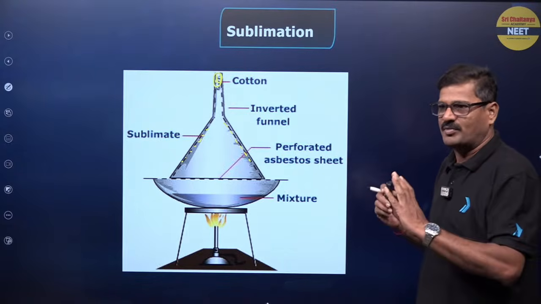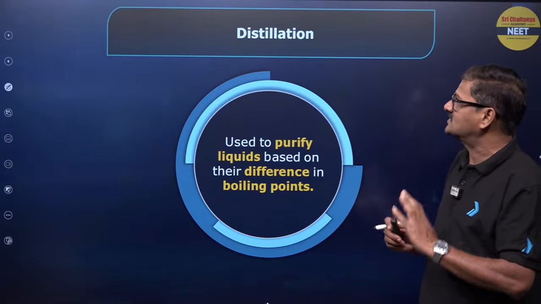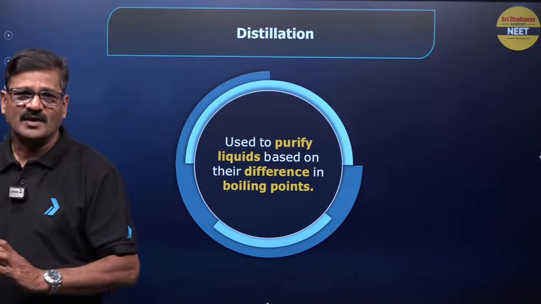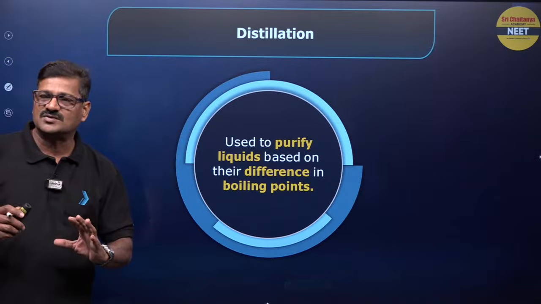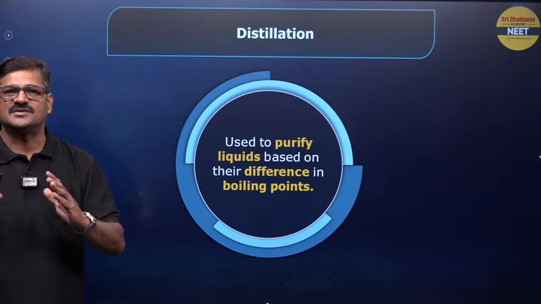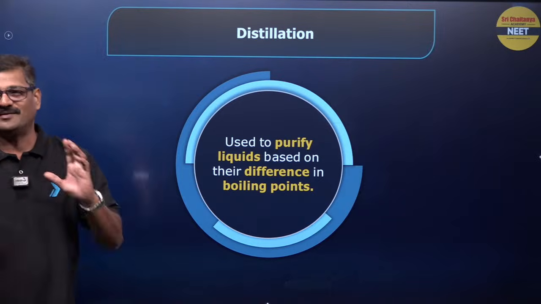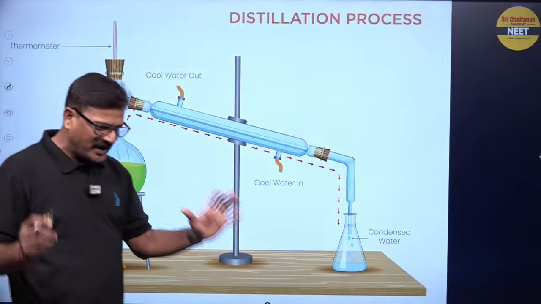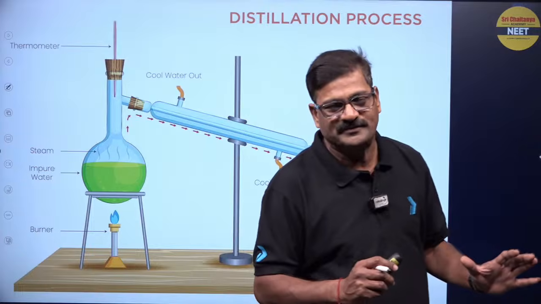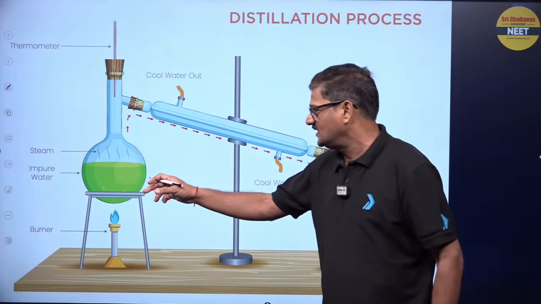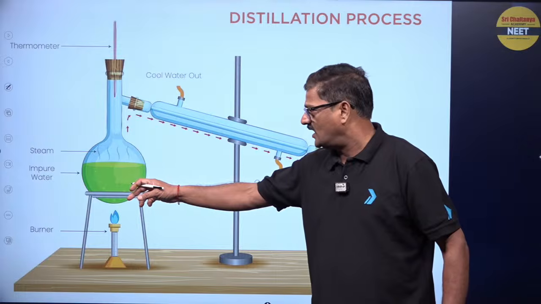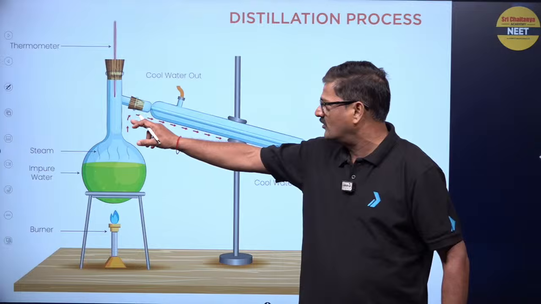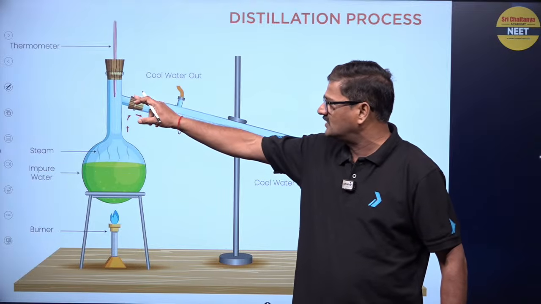So of course we are practical oriented and we will discuss distillation, and it is a super awesome concept. Distillation is used to purify liquids which differ in their boiling points. This is the basic setup of distillation. The liquid is heated so that it evaporates, and you can monitor the temperature.